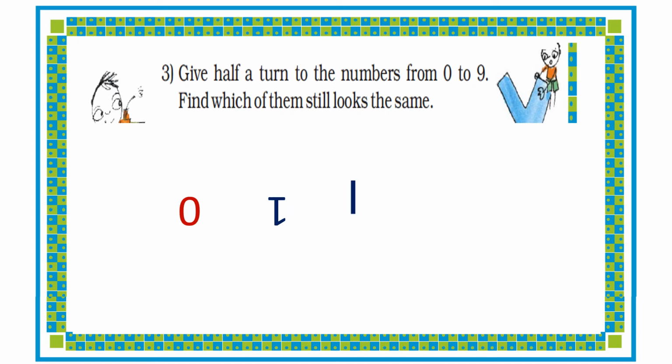But if you write 1 like this and then give it a half turn, then it looks like 1. Next, let's try with 2 and give it half a turn. 2 also looks different. So similarly, you can try with all the numbers from 0 to 9 and then find which of them look the same.